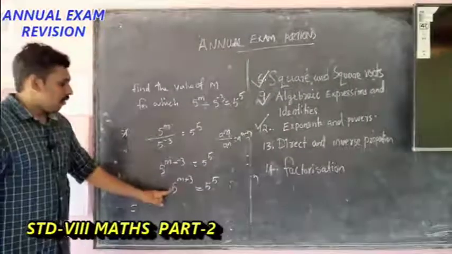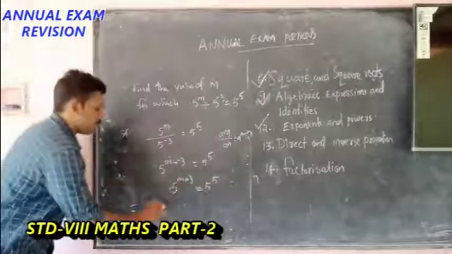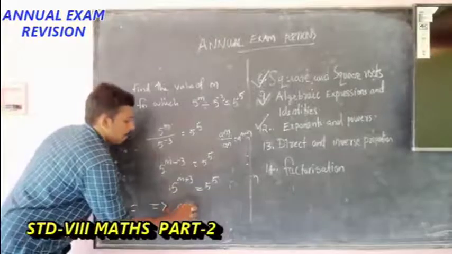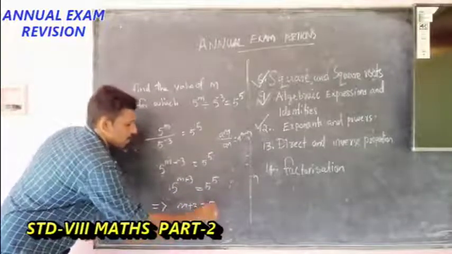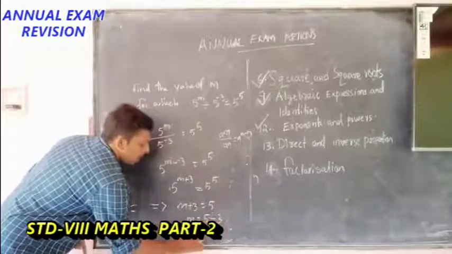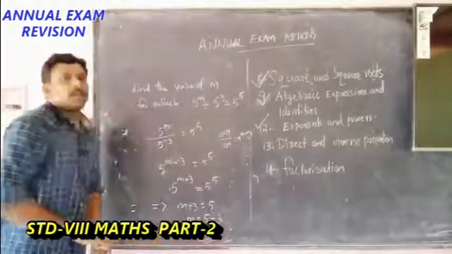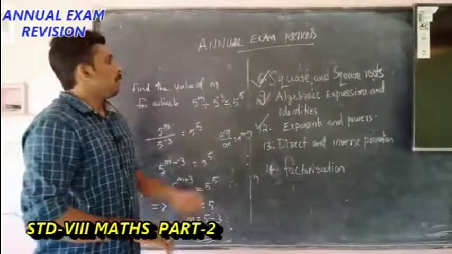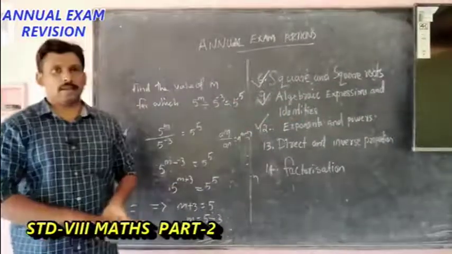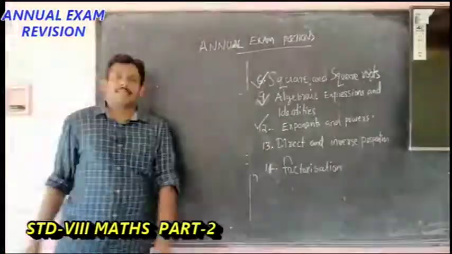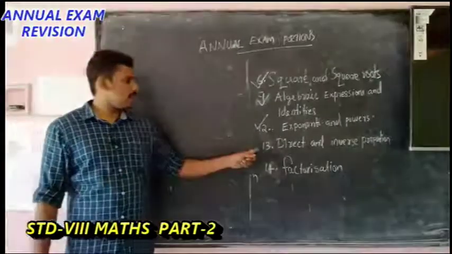The bases are the same, so m plus 3 equals 5. Transposing 3 to the other side, m equals 5 minus 3, so m equals 2. These are your important questions on exponents and powers. Now let us see the next lesson, lesson 13.